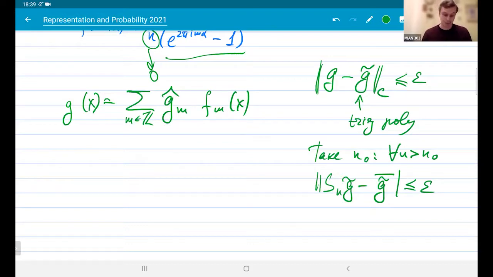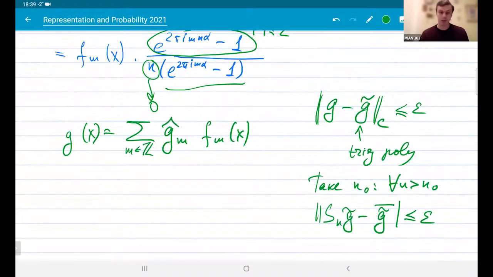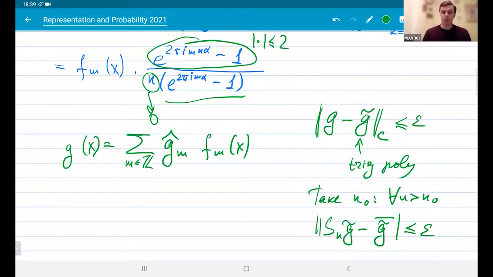This is the idea, but I want to stress that there is no explicit estimate for the rate of convergence in this proof, because it just says that you can take this trigonometric polynomial approximation, but there is no direct way to measure it.